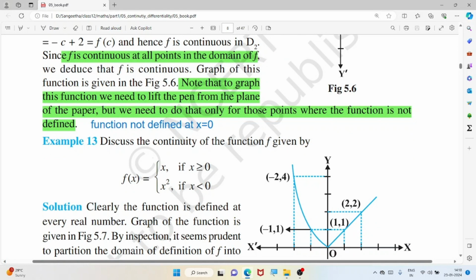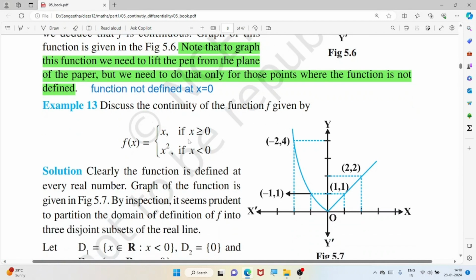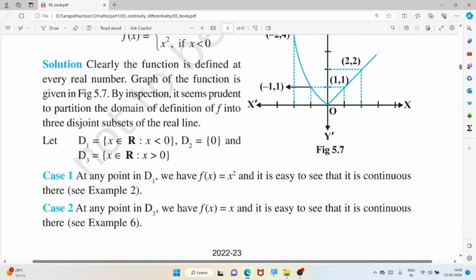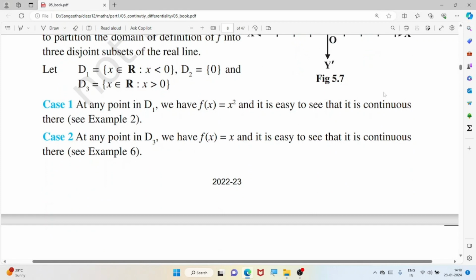That is why f is continuous at all points of the domain. So that domain does not include 0. Here 0 is defined, here less than 0, continuous.